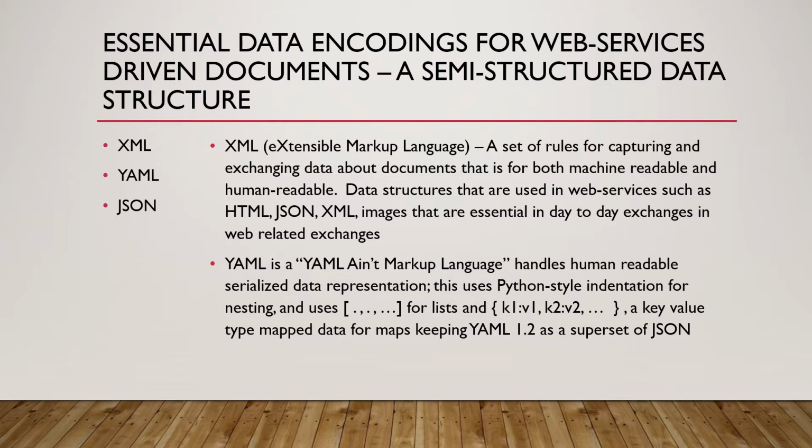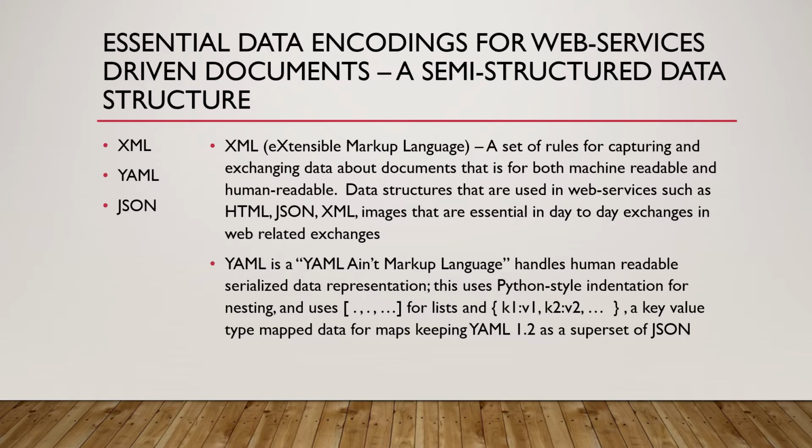Very interestingly, YAML uses Python-style indentation for loops and nesting, and also uses the square bracket for lists and the double bracket, also called squiggle bracket, for key value pairs.